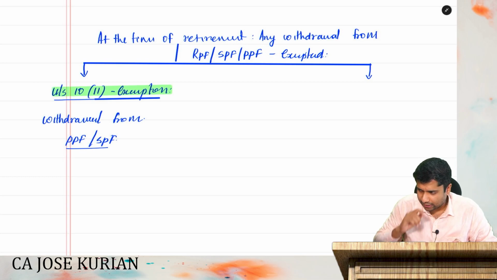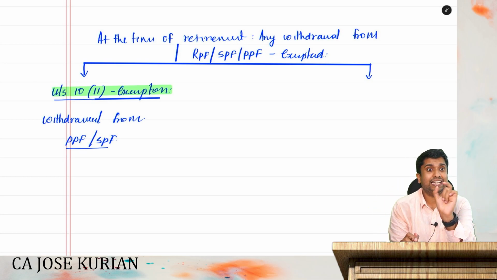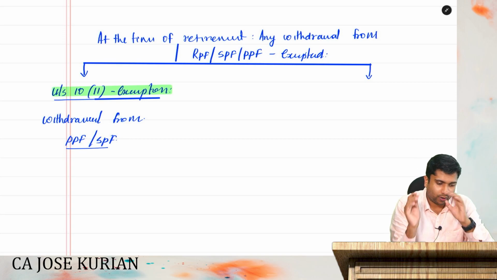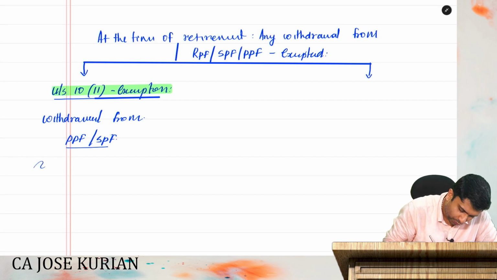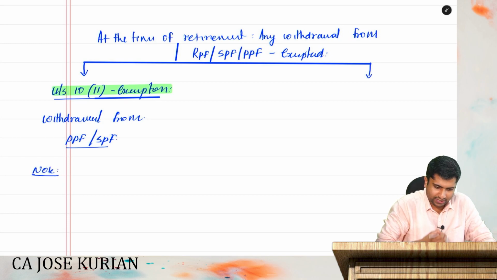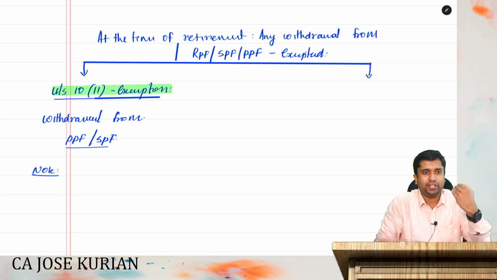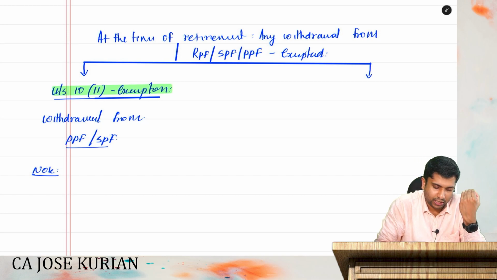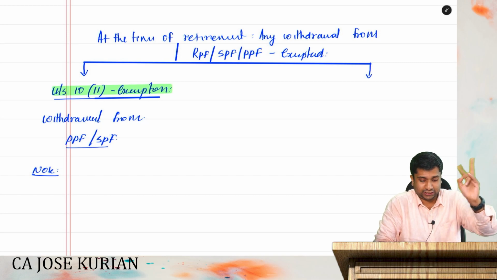As I've told you earlier, this 10(11) is not a full exemption. There are certain limitations. So let's understand what exactly is the limitation. Please listen. Under that, let's write a note for the limitation. When you withdraw an amount from this particular PPF or SPF, we will consider SPF right now.